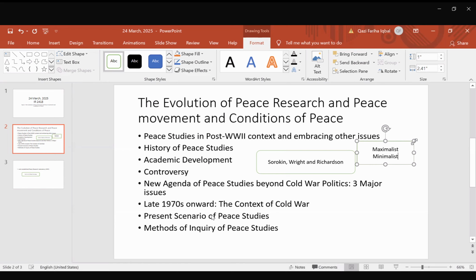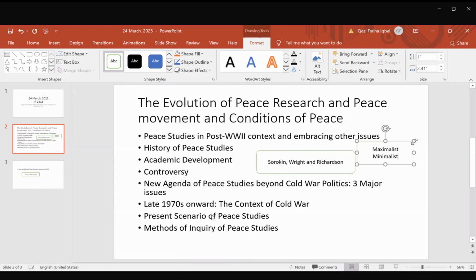Okay, next one, the late 1970s onward. We were discussing how at the initial stage of the Cold War, peace research was focused on abolishing nuclear war or preventing the possible outbreak of war, and how to ensure the survival of different states.